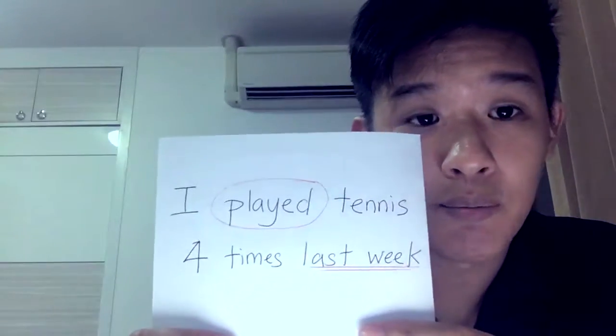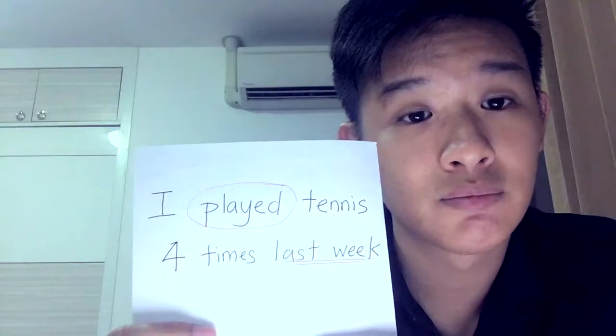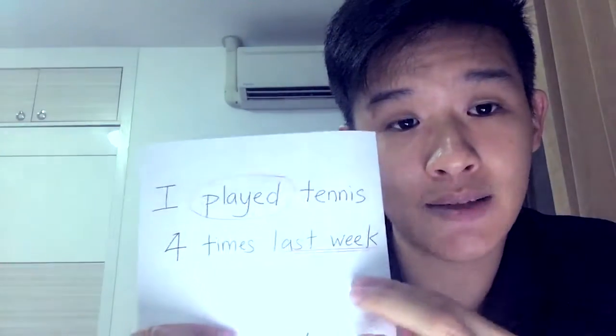Now, what is the difference? What is the application? How do you use it? How do you apply the formula in your sentences? Let's use the example you gave earlier. You said, I played tennis last weekend. Now, I played tennis, for example, 4 times last week.